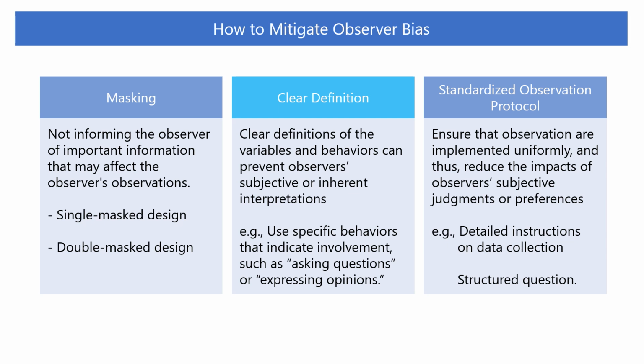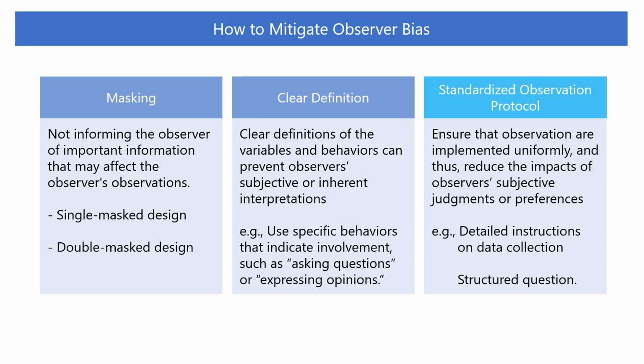This method involves defining the behaviors and outcomes to be measured in a way that leaves little room for subjective interpretation. For example, when observing a meeting, instead of asking observers to judge whether participants are involved, you can present specific behaviors that indicate involvement, such as asking questions or expressing opinions.